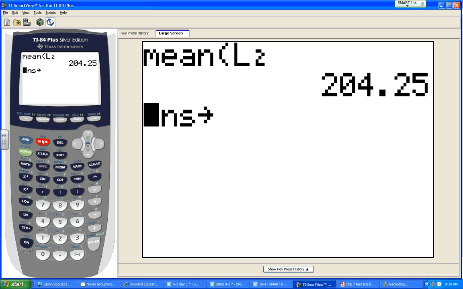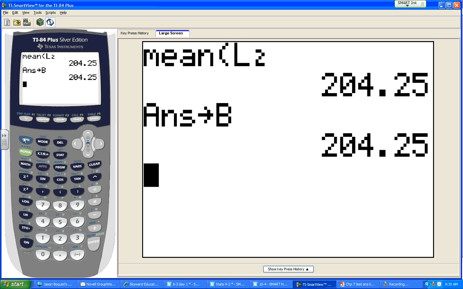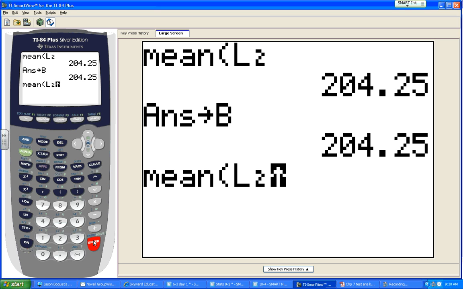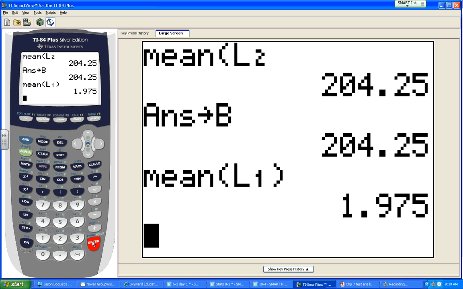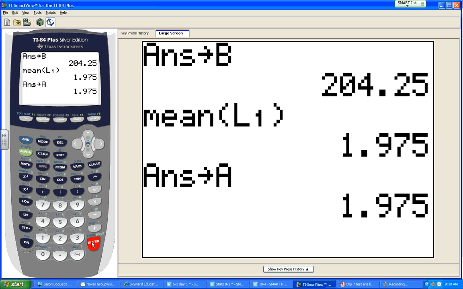Oh, I hit second. You're right. We'll store that as B. And we'll store that as A. There we go. All right, so x bar is A. We're just going to see if this works.